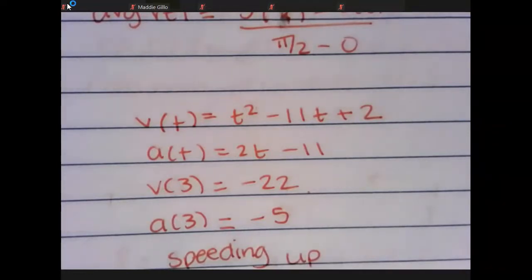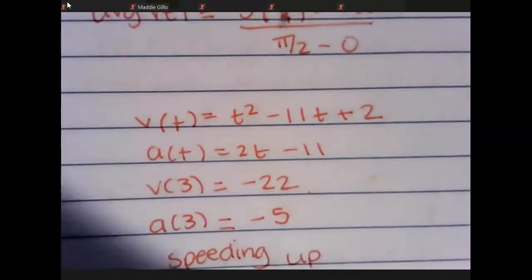Okay. And then the last part that you had to do for today was looking at the particle motion and looking at example number 2 from that handout. So, here we go.